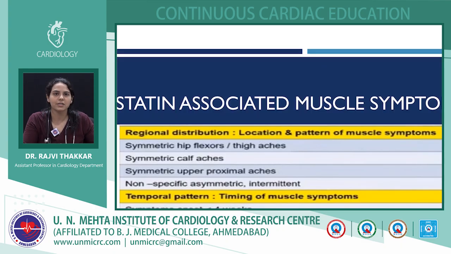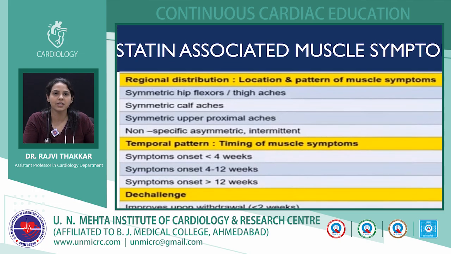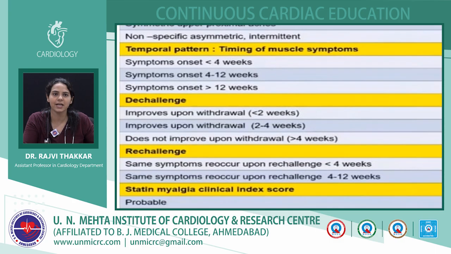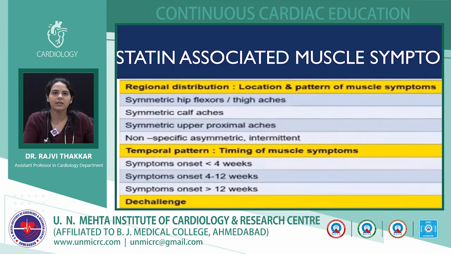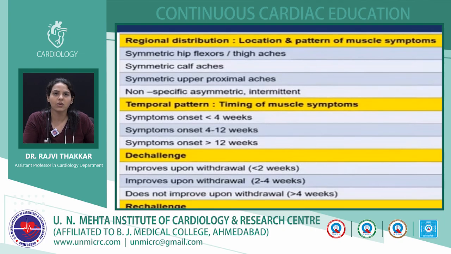Statin-associated muscle symptoms. In statin-associated muscle symptoms, there is regional distribution of muscle symptoms like location and pattern of muscle symptoms, temporal pattern, de-challenge, re-challenge, and the statin myalgia clinical index score. Regional distribution of statin-induced myopathy includes symmetric hip flexor and thigh ache, symmetric calf ache, symmetric upper proximal ache, and non-specific asymmetrical intermittent.